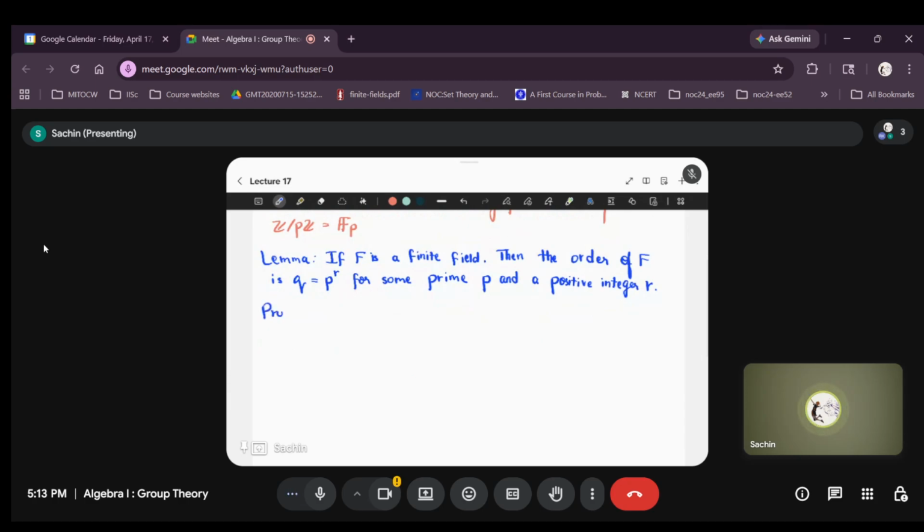And the proof is as follows. During the ring homomorphism lecture, I showed that from Z to any ring there is only one homomorphism. From Z to Z there is one homomorphism, and from Z to any ring there is only one homomorphism.